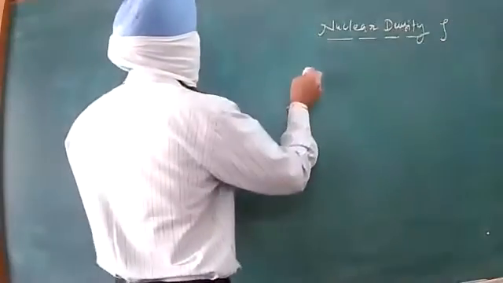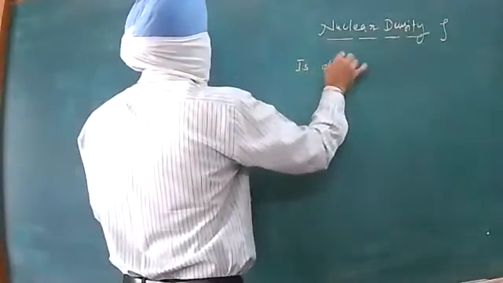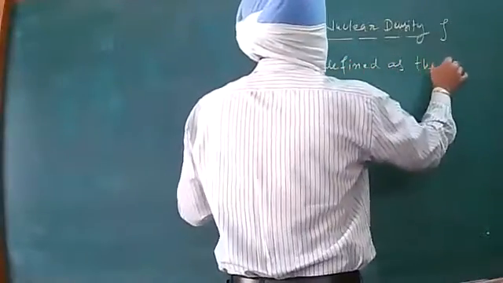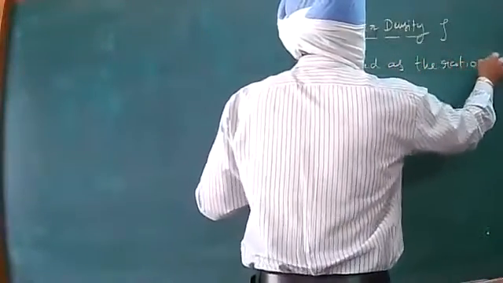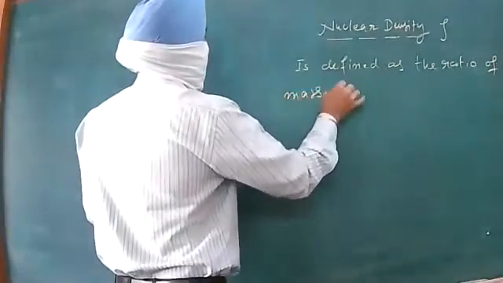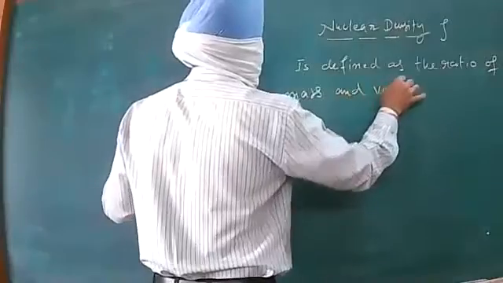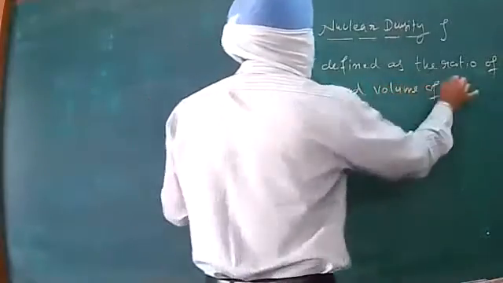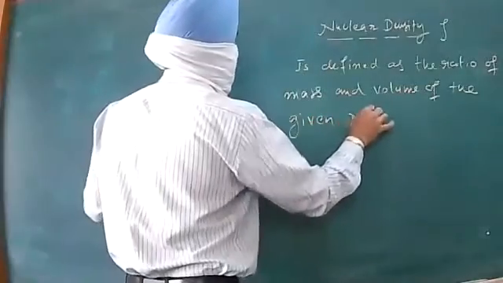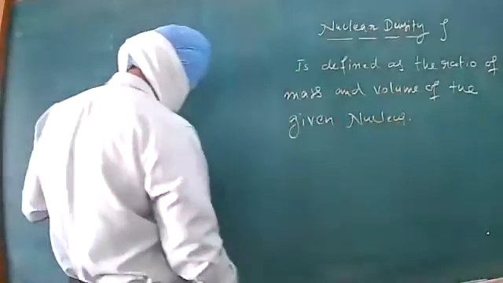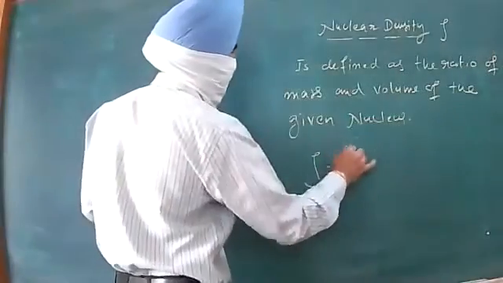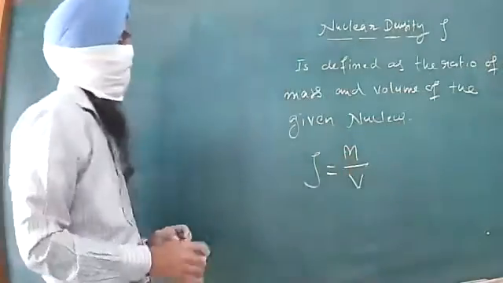And nuclear density is defined as the ratio of mass and volume of the given nucleus. Dear children, nuclear density rho is then equal to mass upon volume.